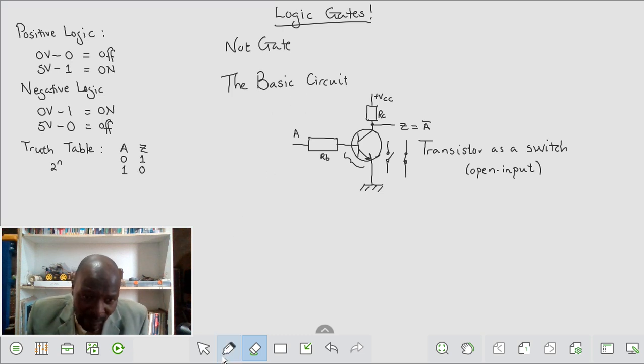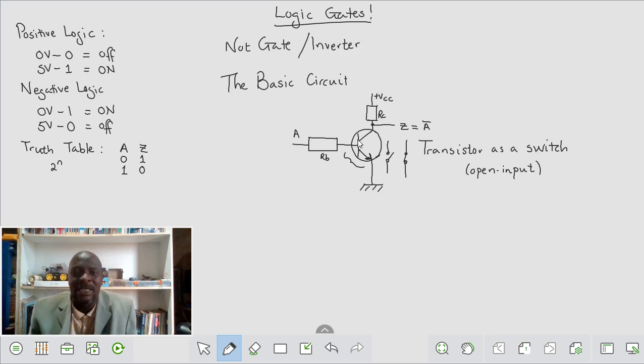So the other name for the NOT gate is the inverter. Not the inverter we use for our AC supply from DC, or that we use with our solar systems, but just the NOT gate. In this case, all it does is invert a 0 into a 1, or a 1 into a 0.